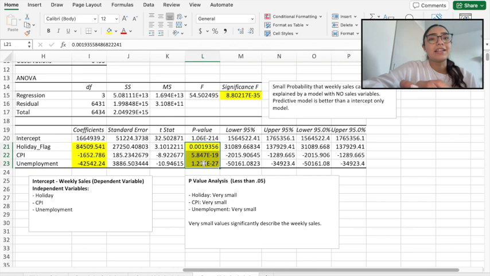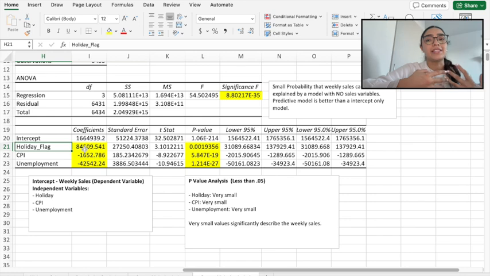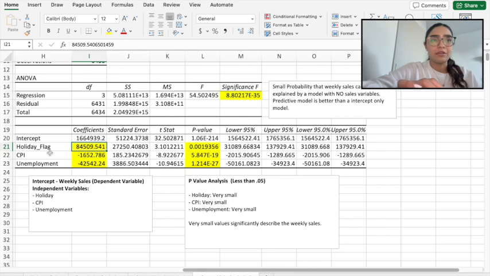So at the end of our analysis, we realized that if the holiday flag, if it was a holiday, then weekly sales will increase by this amount. If not, then they will decrease by this amount. And then because it is a dummy variable, meaning it was either 1 or 0, the only numbers in this column.